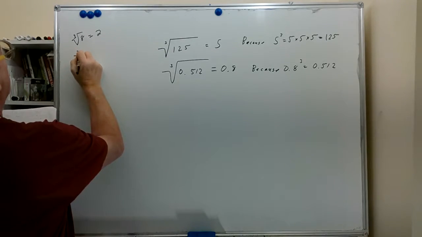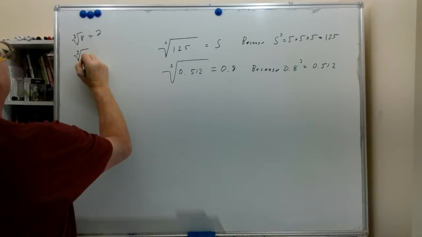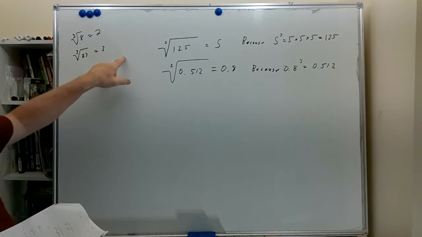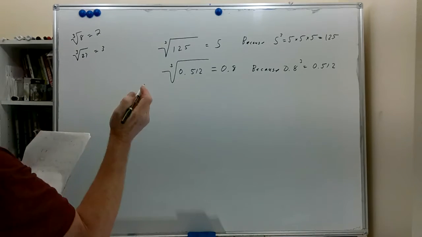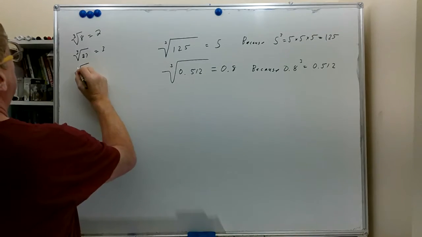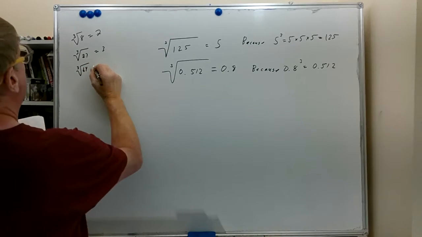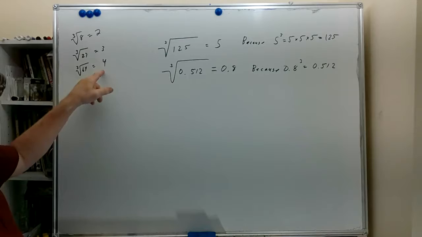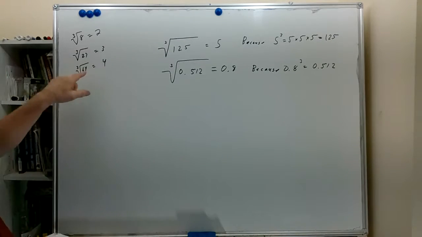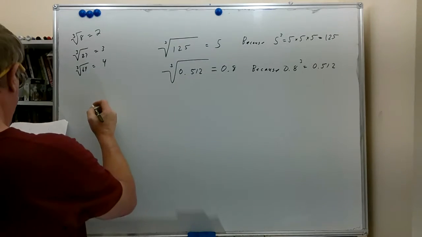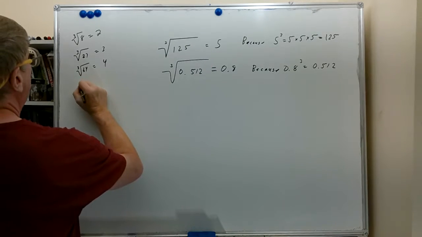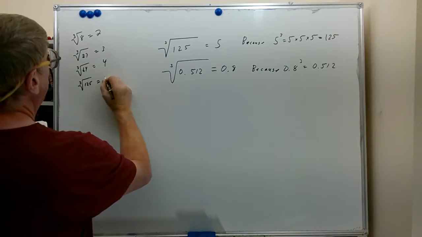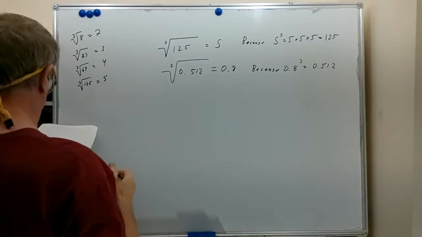The cube root of 27 equals 3. Again, because 3 cubed, or 3 times 3 times 3 would equal 27. The cube root of 64 is equal to 4. You probably already guessed 4 times 4 times 4, or 4 cubed equals 64. The cube root of 125 equals 5, which we just did right there.